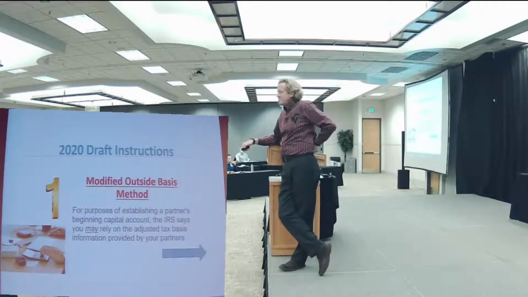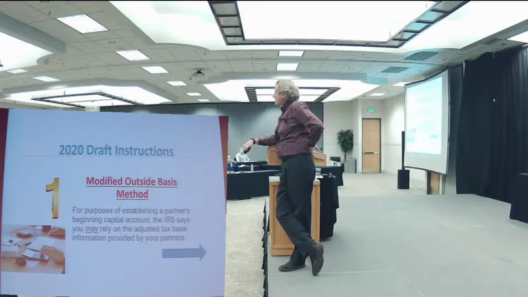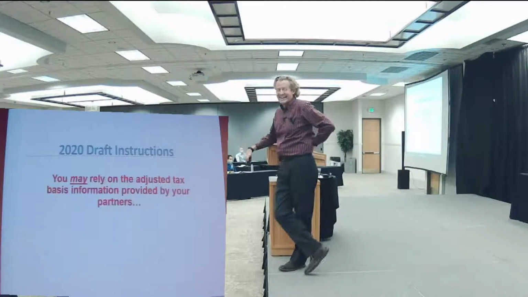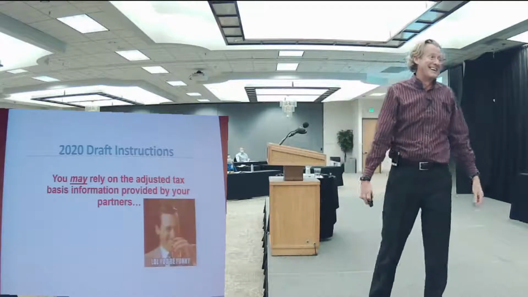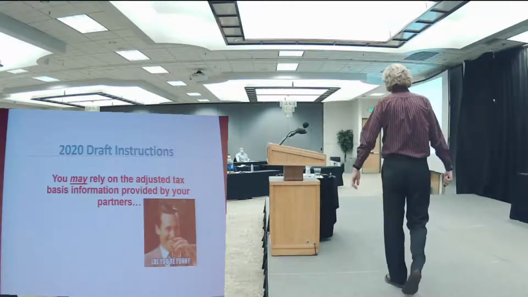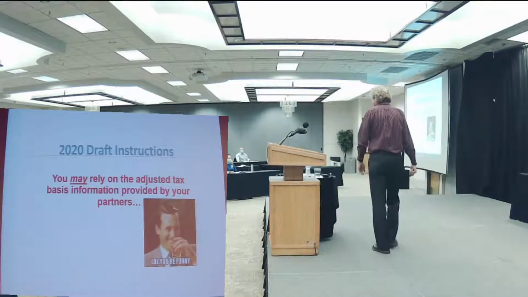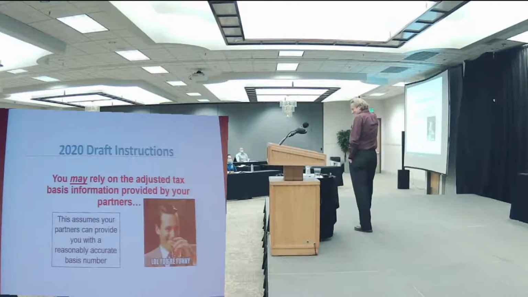Excuse me. If you have not been maintaining tax basis for your partners, what the heck makes you think they've been doing that personally on the outside? You may rely on it. Yeah, good luck with that, people.